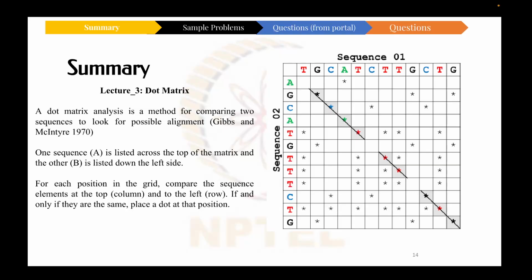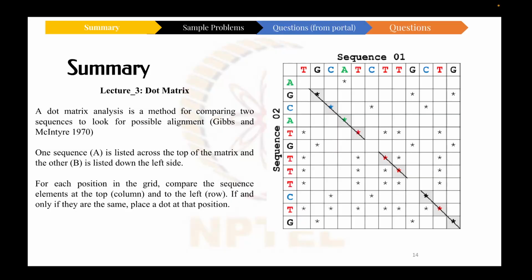Next, I have a discussion about the dot matrix. The dot matrix approach is a qualitatively and conceptually straightforward method for aligning sequences. Although this method is considered time consuming for large scale analysis, this technique is particularly useful in visually identifying certain sequence features such as indels, repeats, and inverted repeats without any noise introduced.